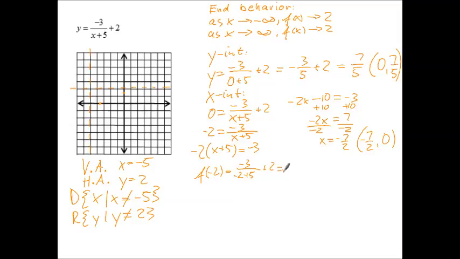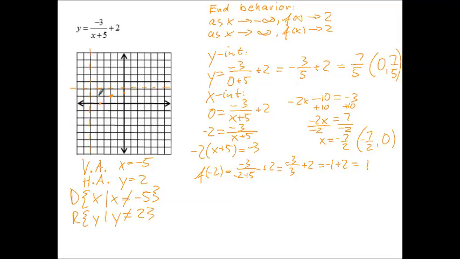In other words, -3 over 3 plus 2, which is -1 plus 2, or just 1. So for -2 we get a y coordinate of 1.